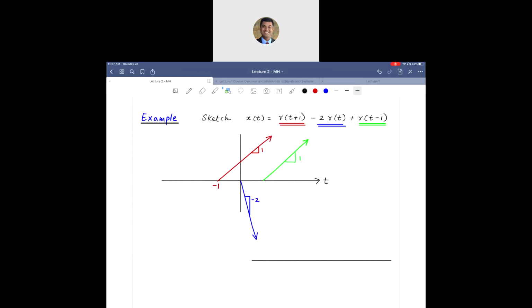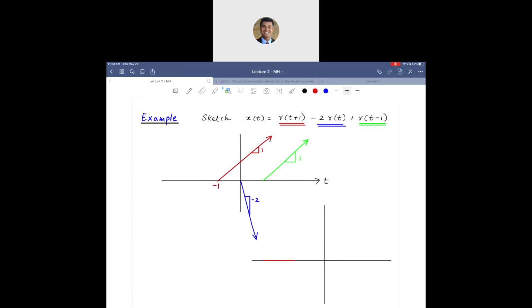Time less than -1, there is absolutely nothing at all. So 0. Next, between -1 and 0, what do we have?